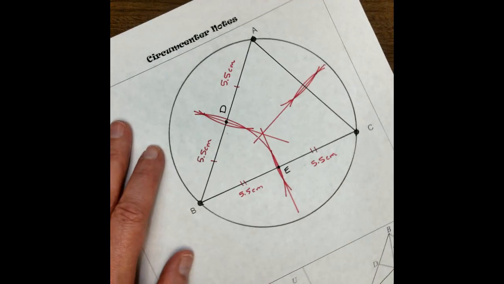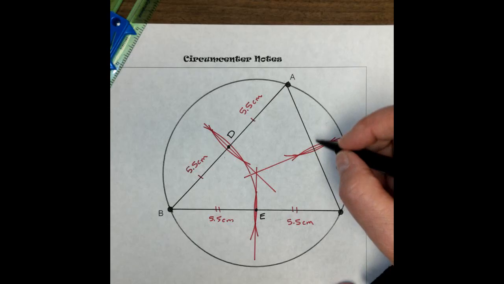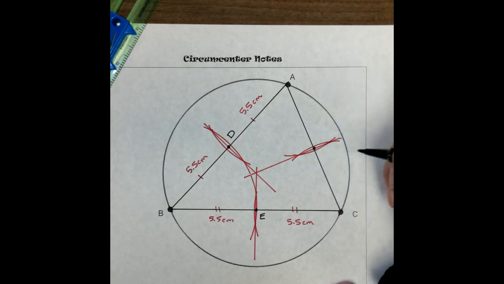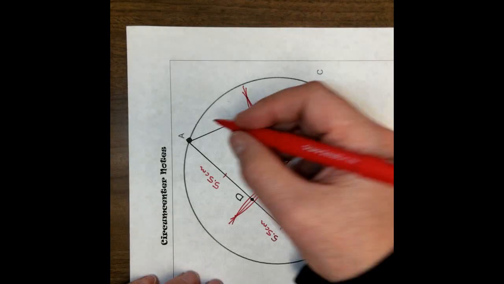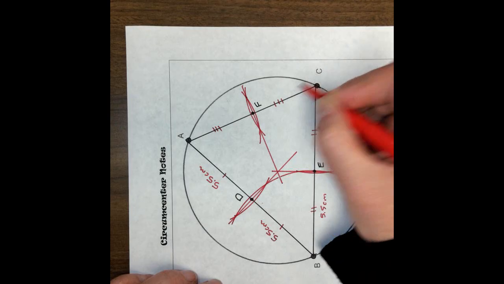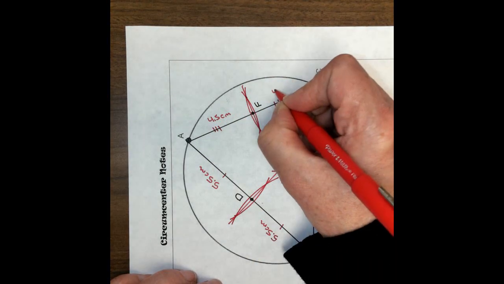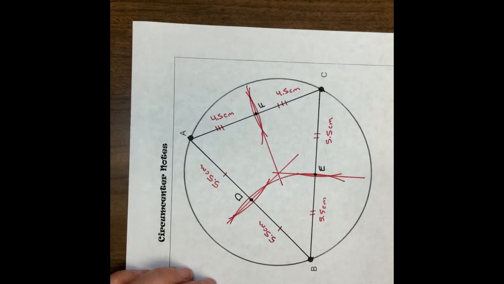Okay. So the point where I intersected segment A and C, I'm going to call that midpoint F. And remember, segment AF is congruent to segment FC. Both of them were 4.5 centimeters.